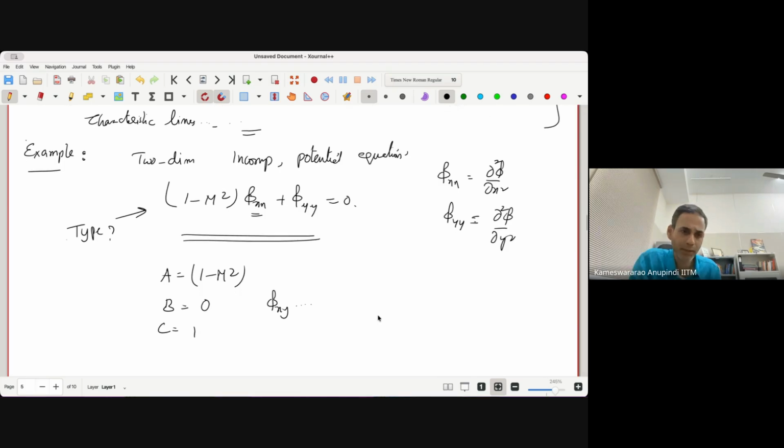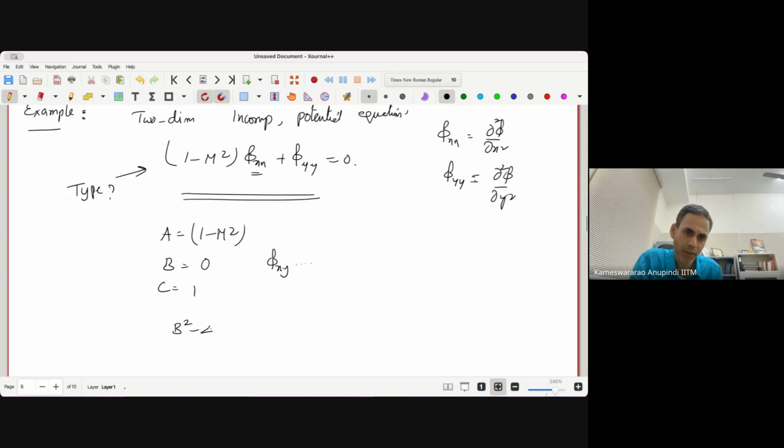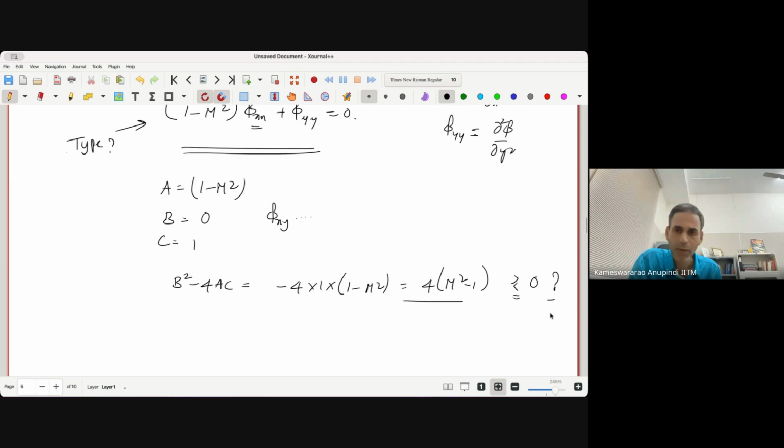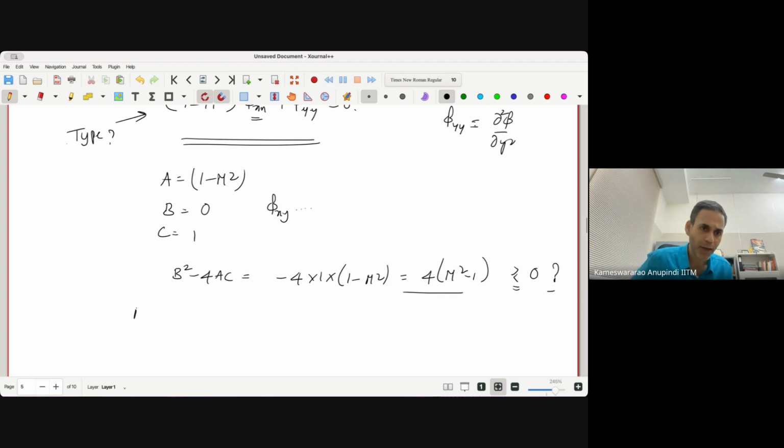That means my discriminant, b squared minus 4ac, is equal to minus 4 times (1 minus M squared), or equal to 4 times (M squared minus 1). Now, is this greater than 0, less than 0, or equal to 0? Well, that depends on the value of M. So depending on the value of M, this equation can behave as either elliptic or parabolic or hyperbolic, right? That is how it came out to be.